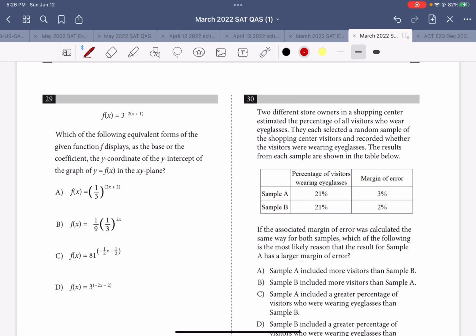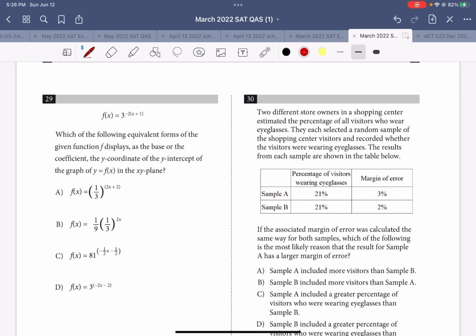So what I can do here, when you distribute negative 2 into each term, you get negative 2x minus 2. Okay, so how come that one is the same? 3 to the negative 2x times 3 to the negative 2, right? You can split by multiplication.